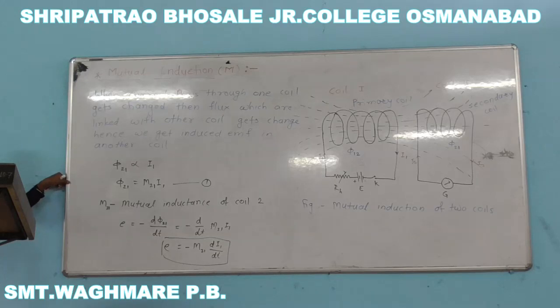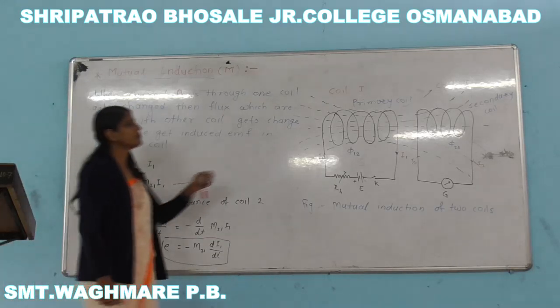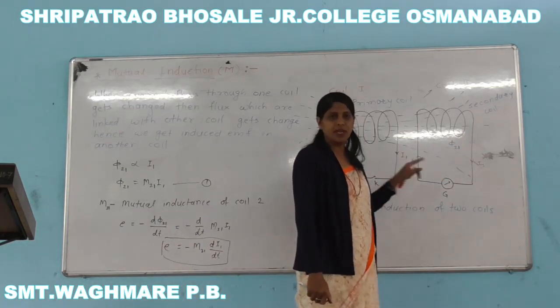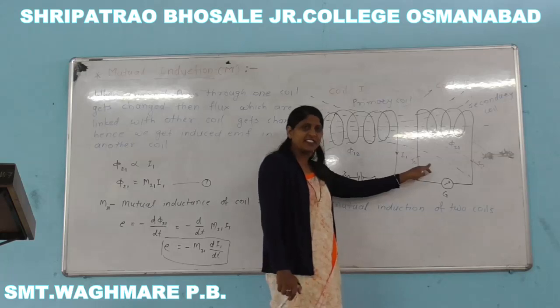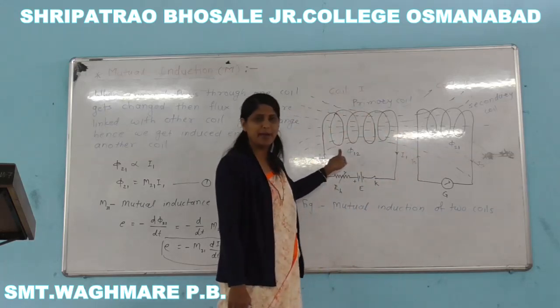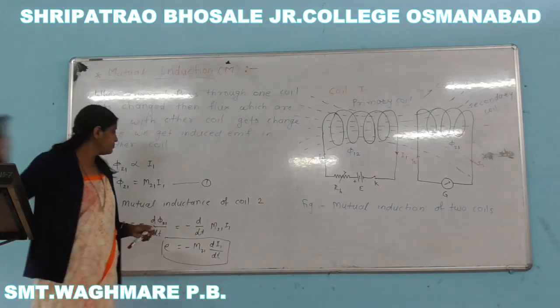Now, we will allow the current I2 to flow in the secondary coil, and the magnetic flux due to this current will be linked to the primary coil.